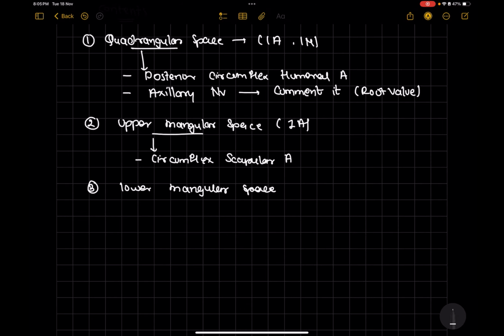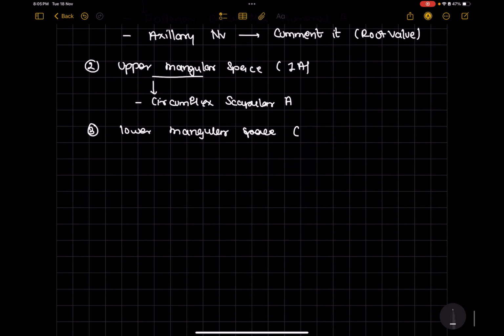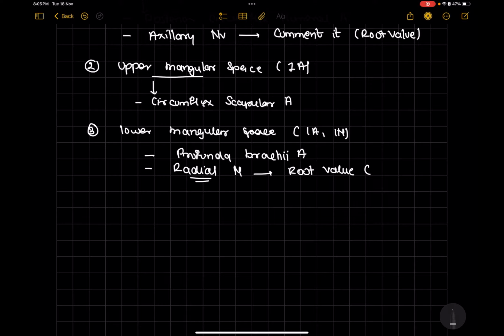In the lower triangular space you will have again one artery and one nerve. This is your profunda brachii artery, and the radial nerve. Also comment the root values of radial nerve. Done. So these are your contents.